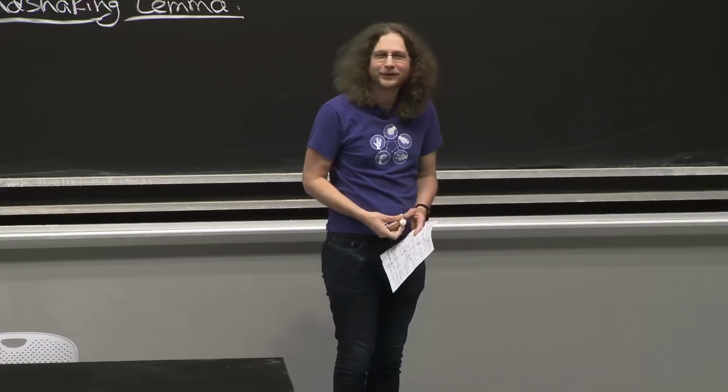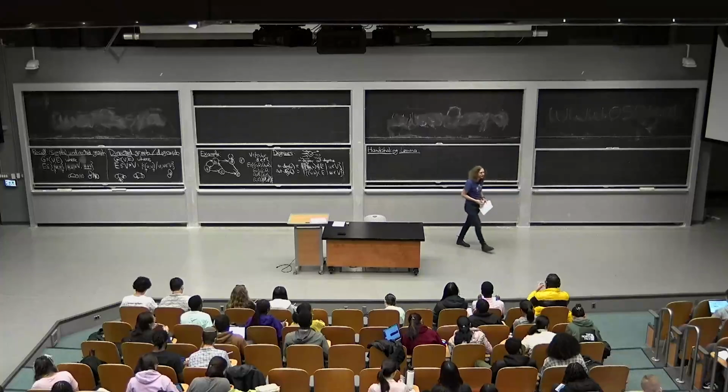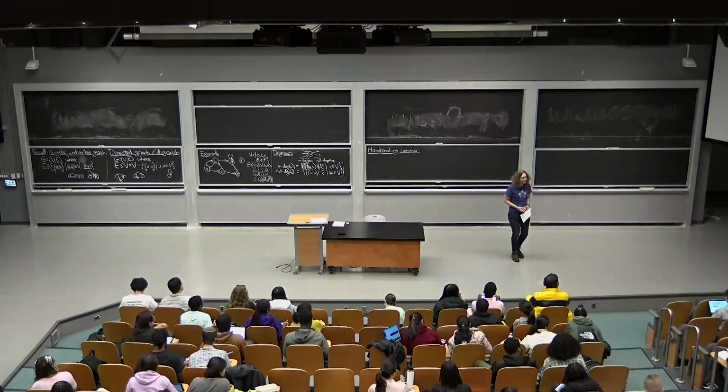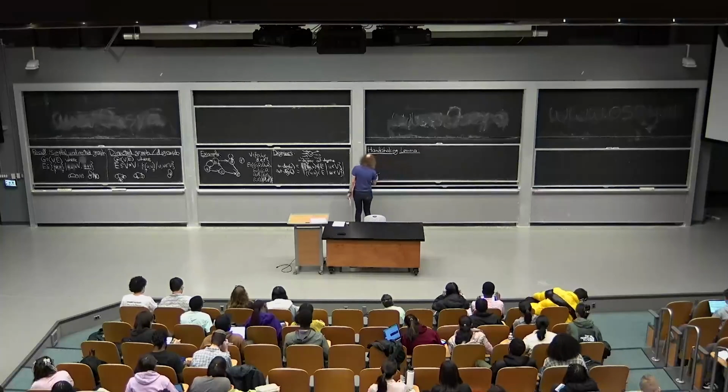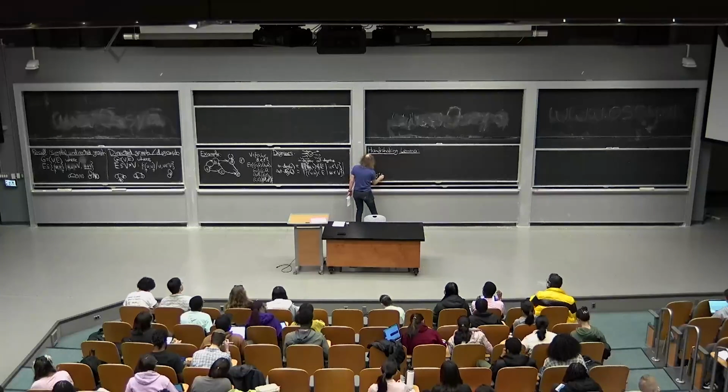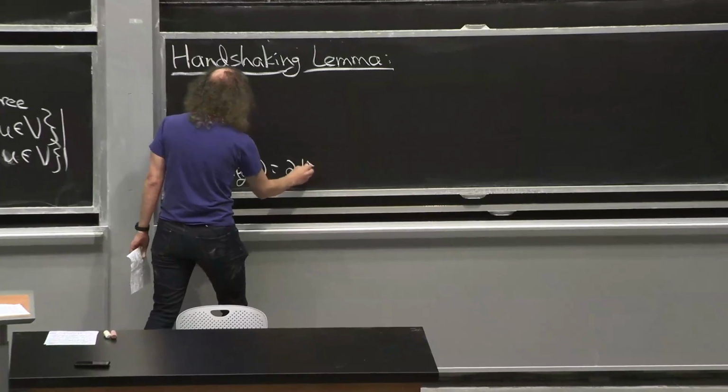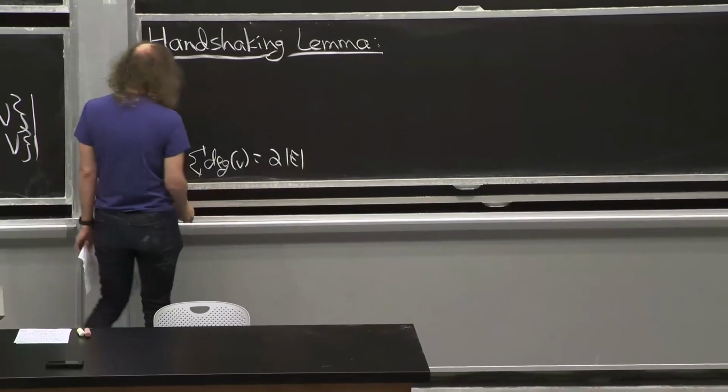No? Wow. Yeah. Right. The sum of the degrees of the vertices is twice the number of edges. I think you said over 2, but close.